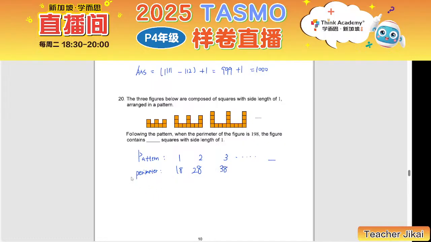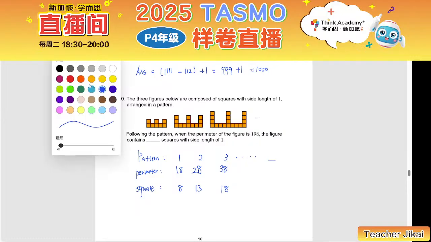And then, what are we also focusing on? It is asking you how many squares it contains, so we also need to know the squares. The first pattern we have 8 squares, the second pattern we have 13, and the third pattern you just count, we have 18. Then you can find the pattern here: from 18, 28, 38, every number we just add 10.